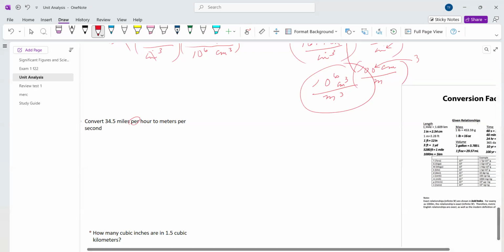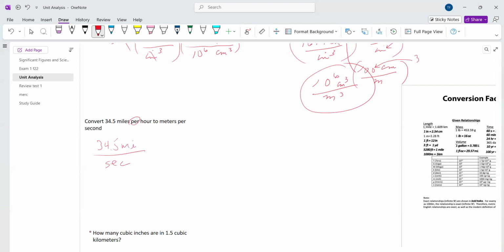Okay, so we've got that, and we're trying to calculate meters per second. Now, this is a fraction problem, and I've told you in the past that fraction problems are two problems. Breaking it down. So the numerator on the top problem, denominator on the bottom. Now, we're already in seconds on the bottom for both of them. So you don't have to do anything with seconds. It's already done for you. We just have to go miles to meters.